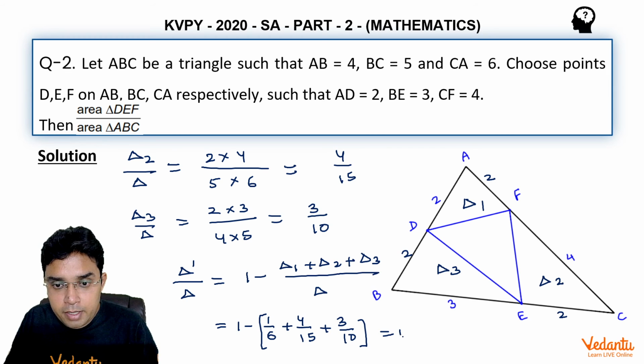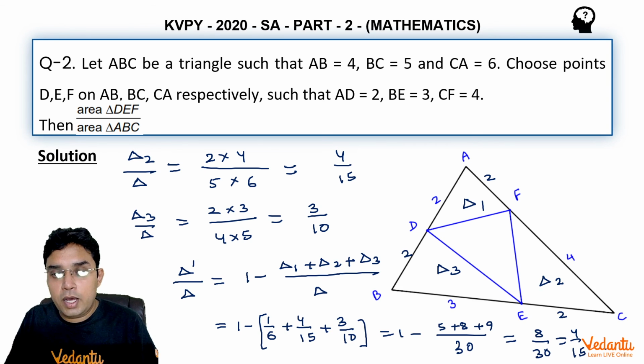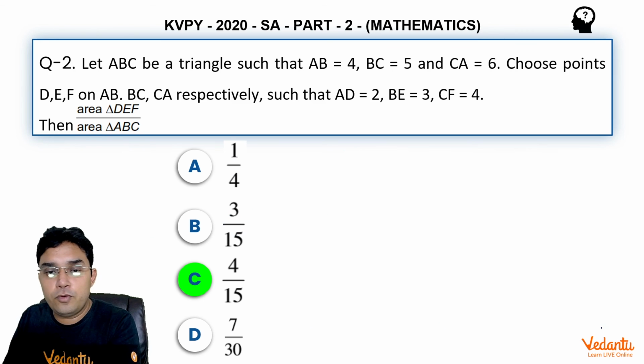Let me take 30 as LCM, then it will be 5 plus 8 plus 9. So 5 plus 8 is 13, plus 9 is 22. So this will be 8 upon 30, or we can write this as 4 upon 15. So the answer for this question should be 4 upon 15.